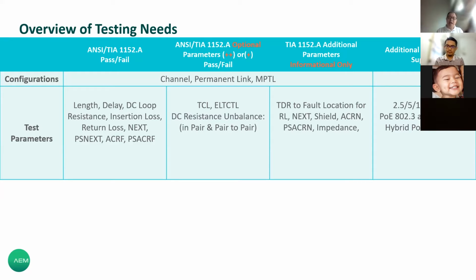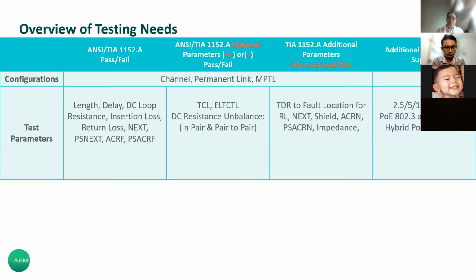So with such a high bandwidth, it is very sensitive to noise. So TCL, ELTCL is a very new parameter that came into play about 2 to 3 years ago. Okay, so this gives you assurance that your cable performance will not be affected by noise.